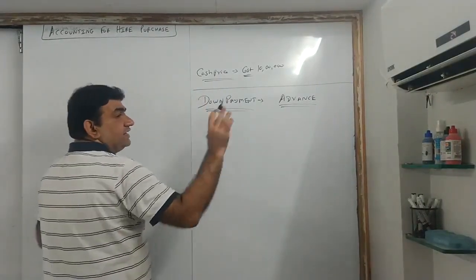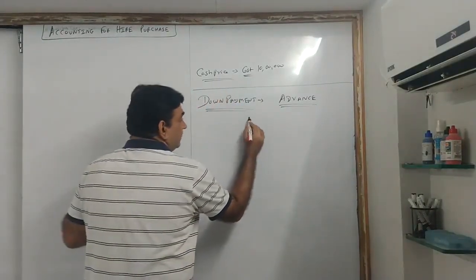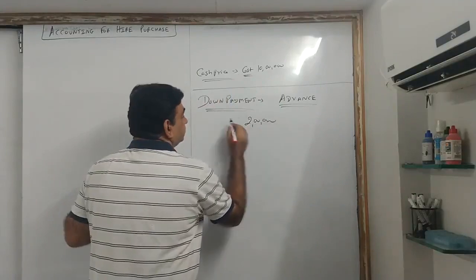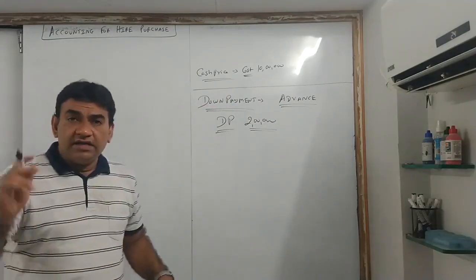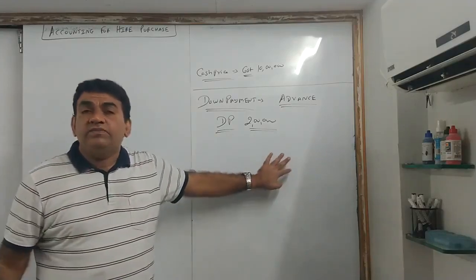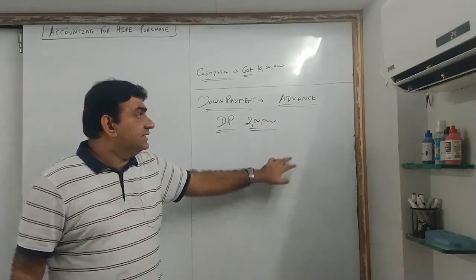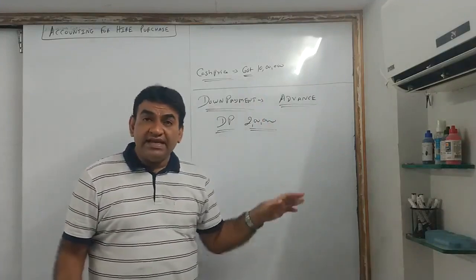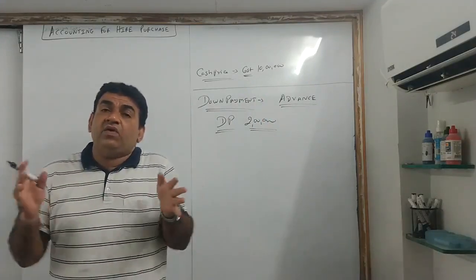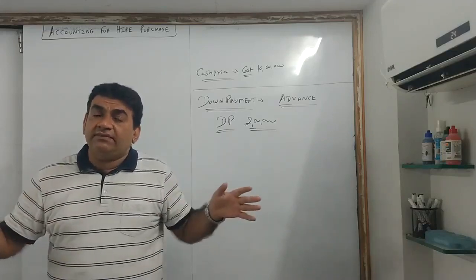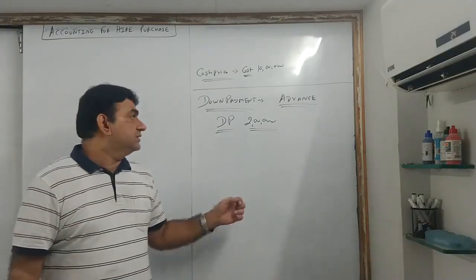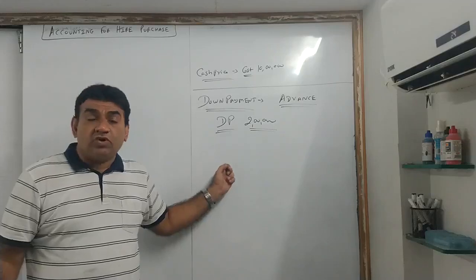The car company will say, you make a down payment of 2 lakhs, and 10 minus 2, the remaining 8 lakhs, you can pay over a period of 4 years. So that is my down payment.